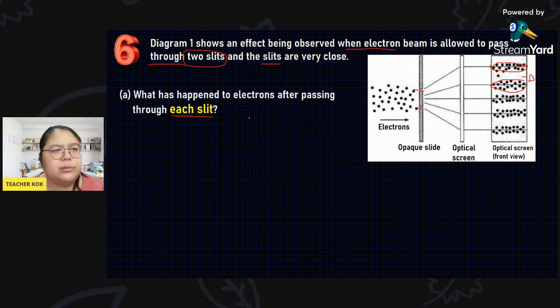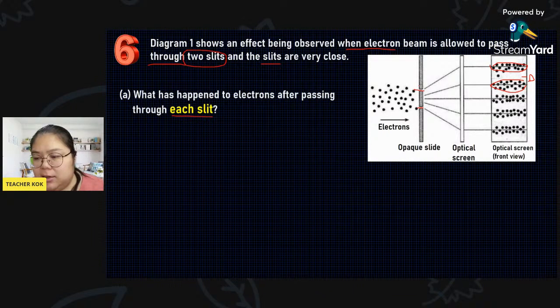What happened? Electron acts as a wave. This one I know; we know the electron is also a wave, but now they ask what happened to the electron when the light goes through just one of the slits. We learned about waves before. Recall, when the wave goes through a single slit, what happened?